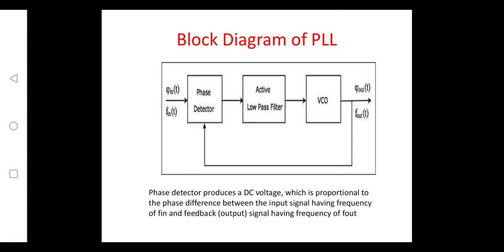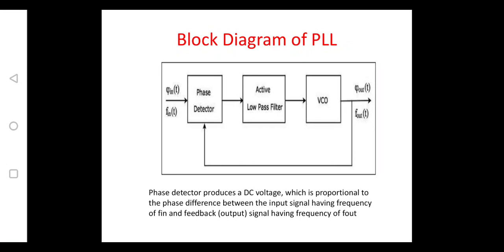A PLL basically consists of three different blocks. The first one is the phase detector, the second is the low pass filter, and the third one is the voltage controlled oscillator. Now let us see the functioning of each block in detail.